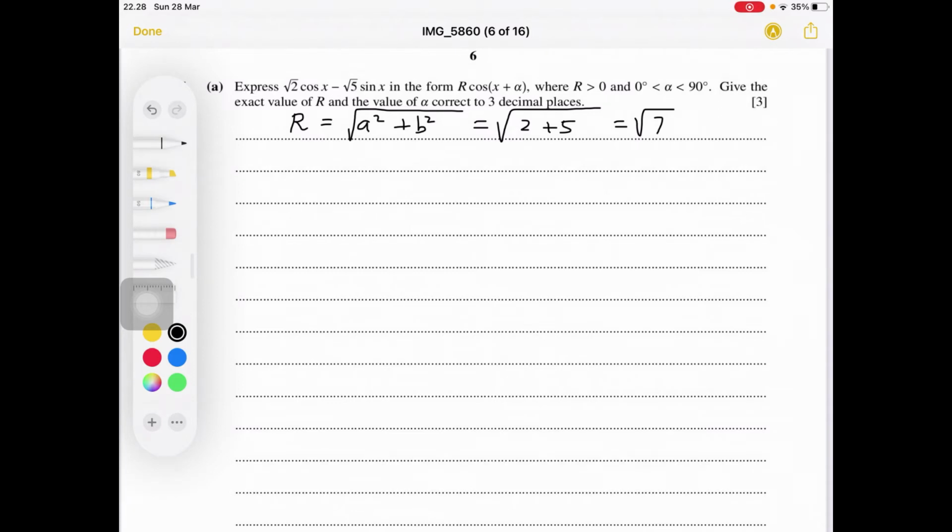While alpha can be found by using the formula alpha is equal to tan inverse of b over a, square root of 5 over square root of 2. The value of alpha is equal to 57.688 degrees.